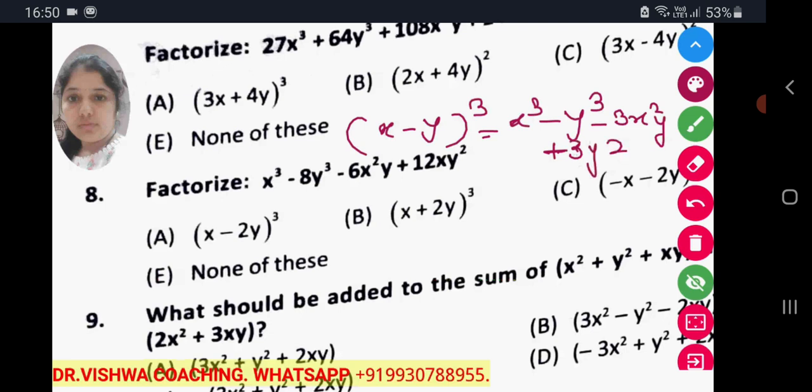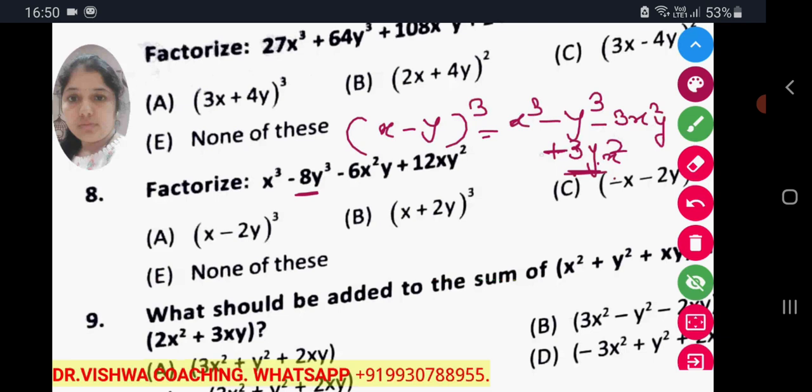Now why does it become plus? Because even if y has a negative sign, its square is always positive. That's why 3y square x becomes positive, but 3x square y is negative, because y's coefficient is negative.